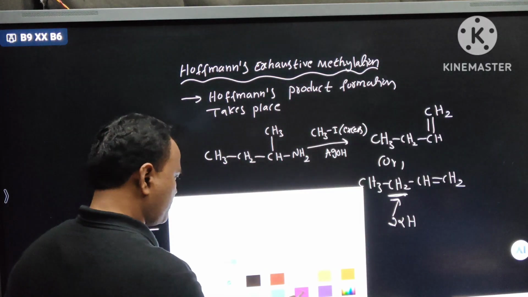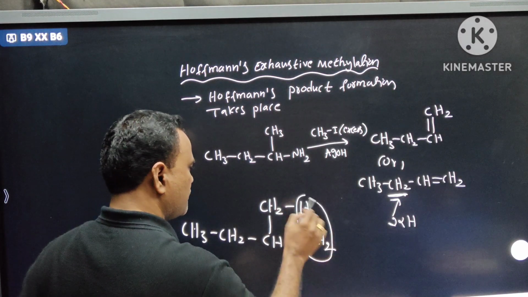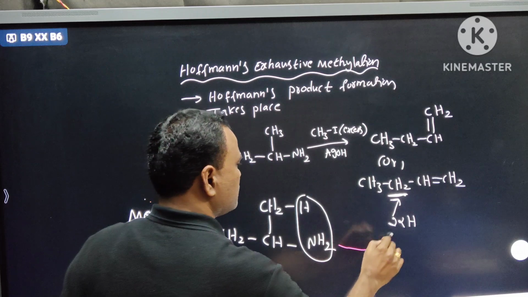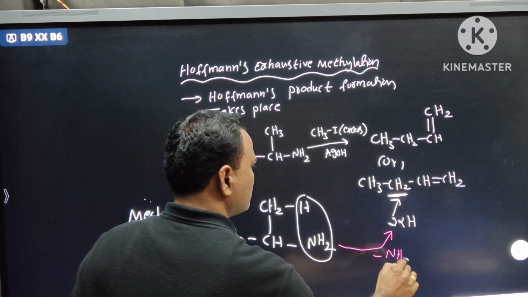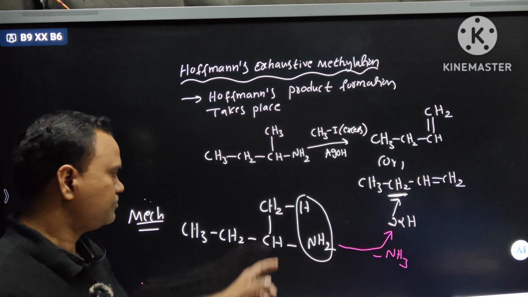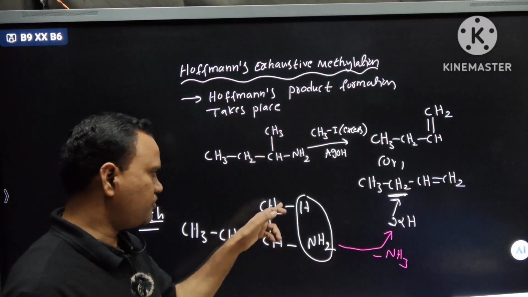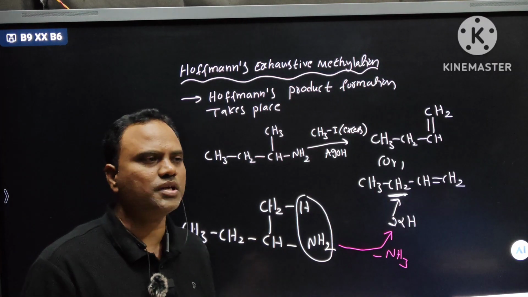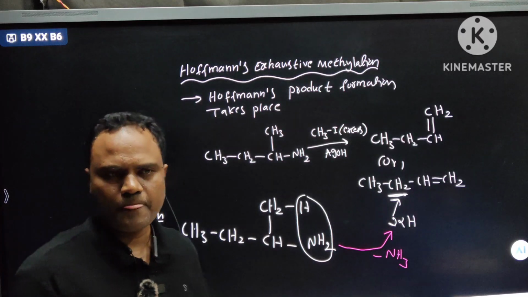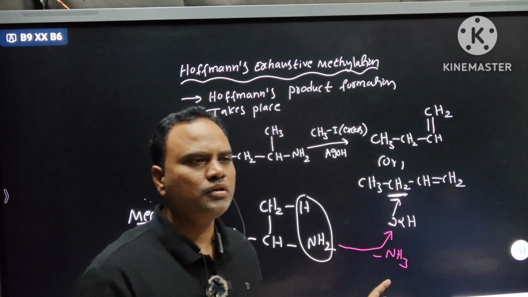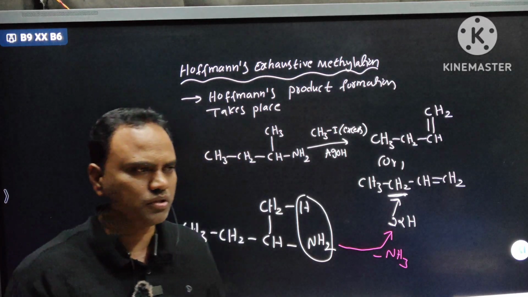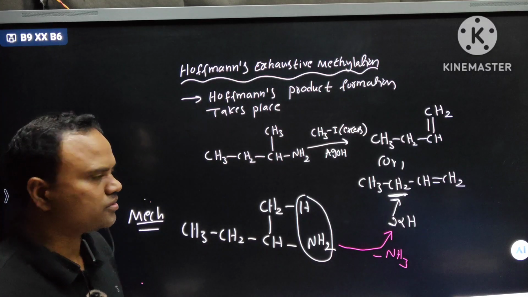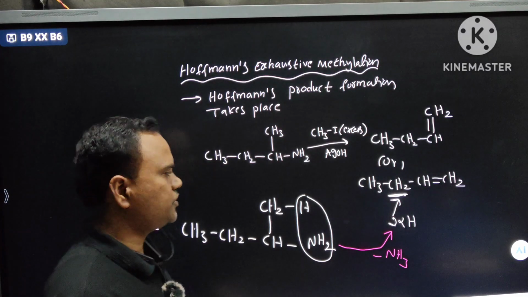Remove ammonia, minus NH3. We will get the double bond at this position. Major product is the less substituted alkene. Okay.